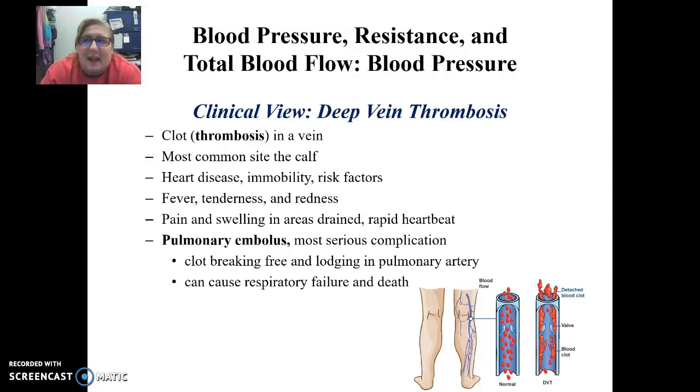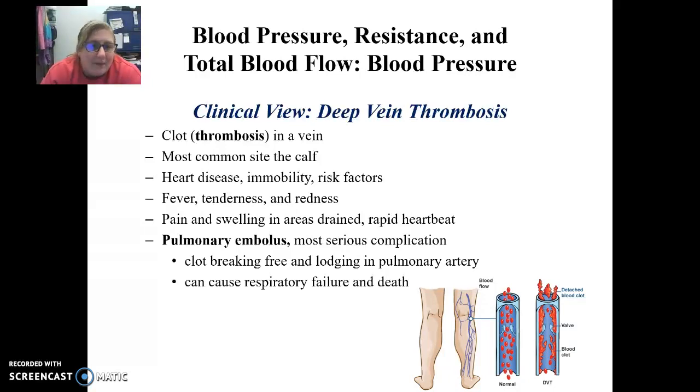Have you ever had surgery or been stuck in one position for a long period of time, and people tell you that you need to move your legs, you need to get up and walk? If you're on a plane, they tell you to take a walk around the plane every couple of hours to get blood flow moving. And the reason for this is when blood pools in those veins at those valves, they can start to form a clot.